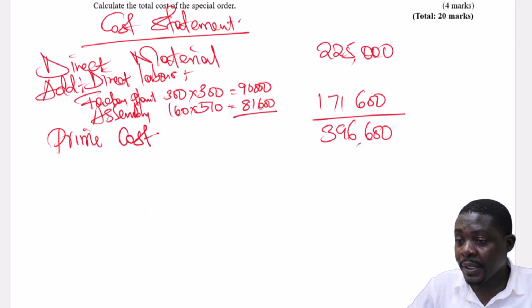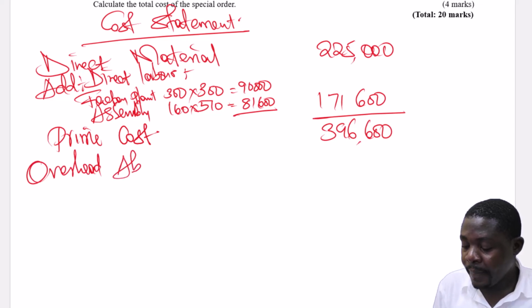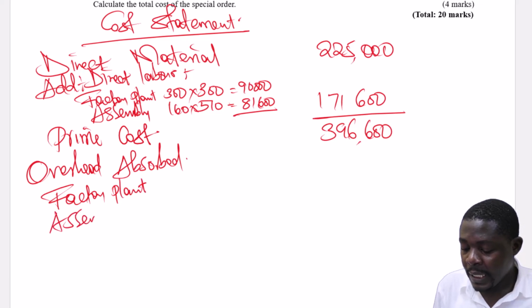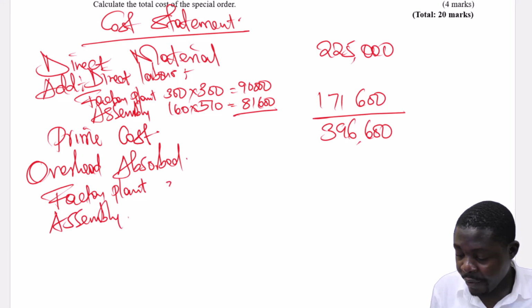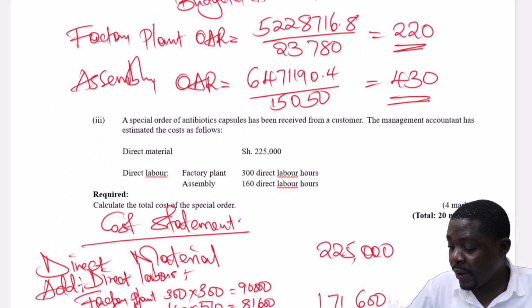Then we have overhead absorbed. We had factory plant, then we have assembly. Now this is 300, and we had 160, we multiply by the factory overhead absorption rate.